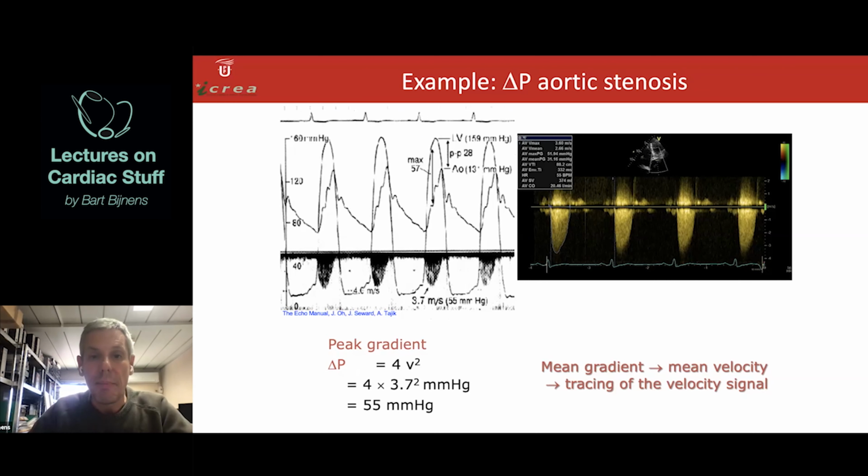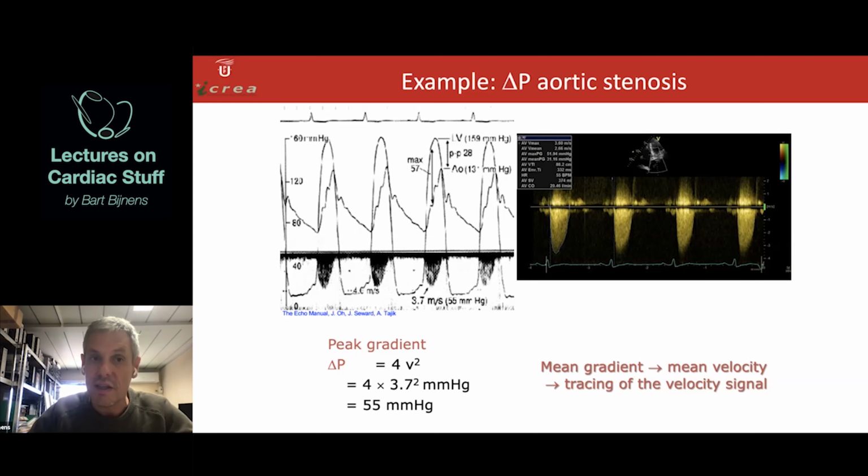Here is an example where you measure the maximal velocity, and based on this, you can measure the pressure gradient. Keep in mind that this is the instantaneous pressure gradient. There's some research that this is a difference: it is not necessarily the gradient at maximal pressure, but the maximum gradient during the temporal behavior.